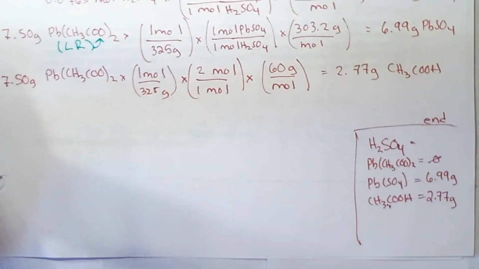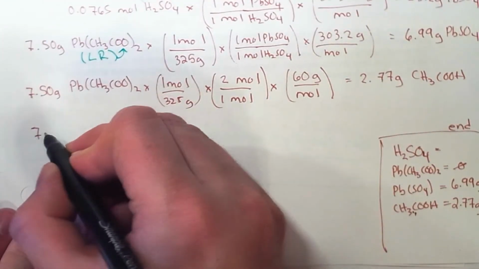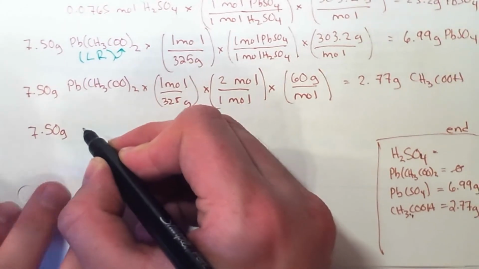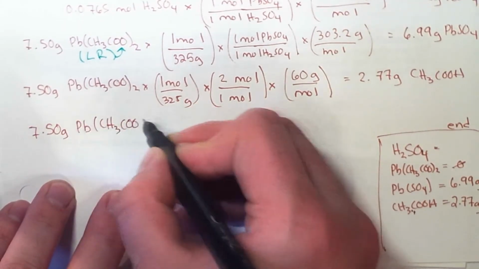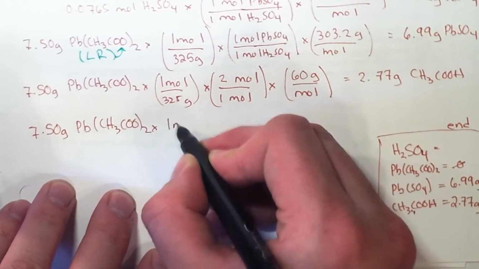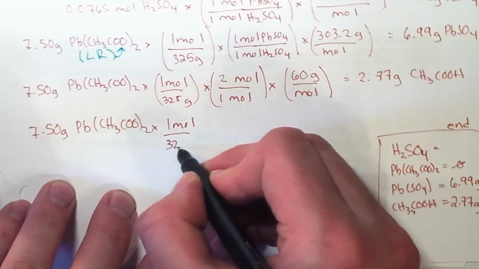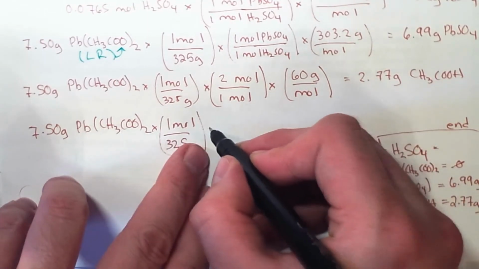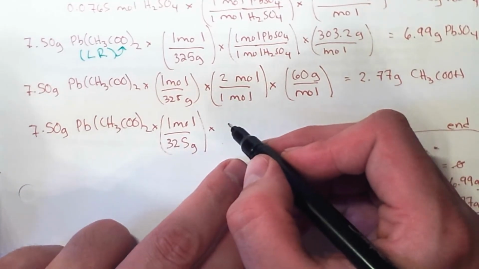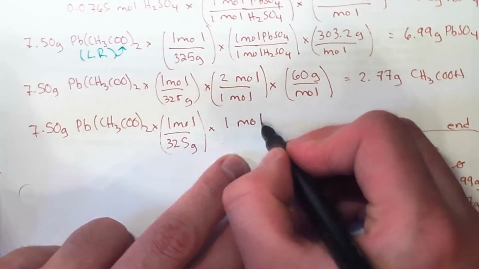The final thing is my limiting reactant. So I have to do that calculation one more time. 7.50 grams of lead acetate times 1 mole is 325 grams. It's 1 to 1.